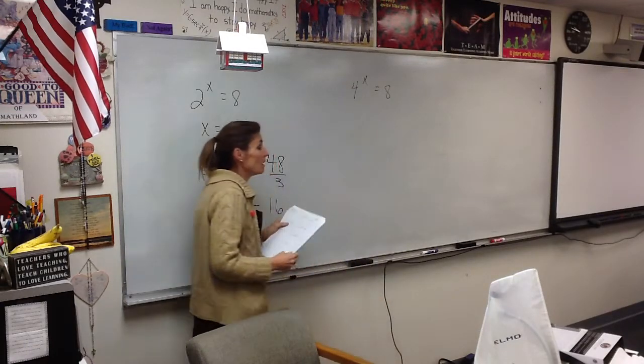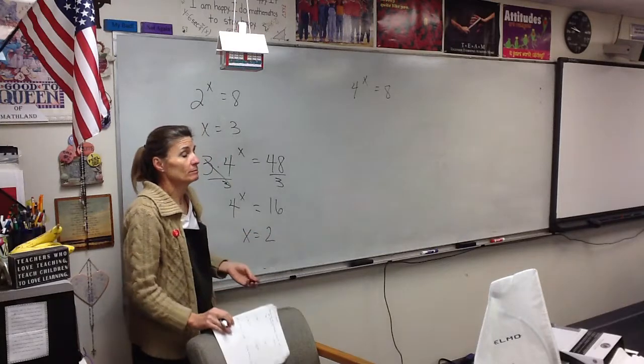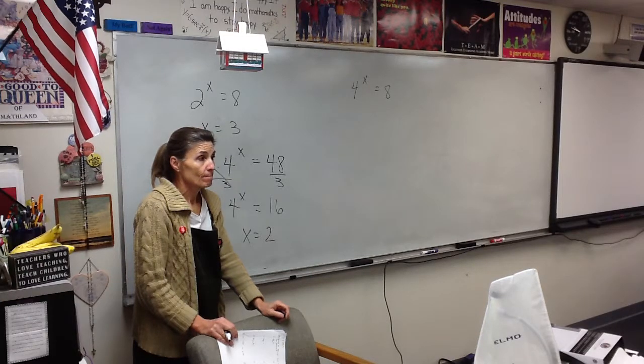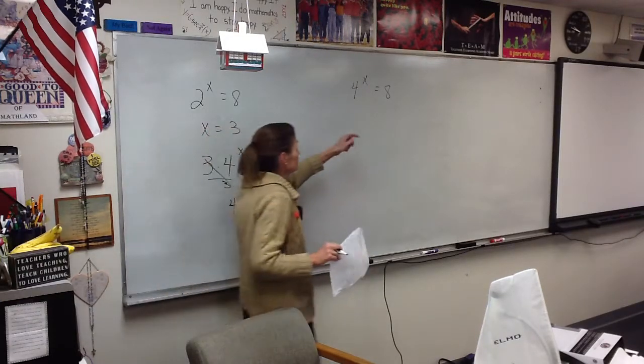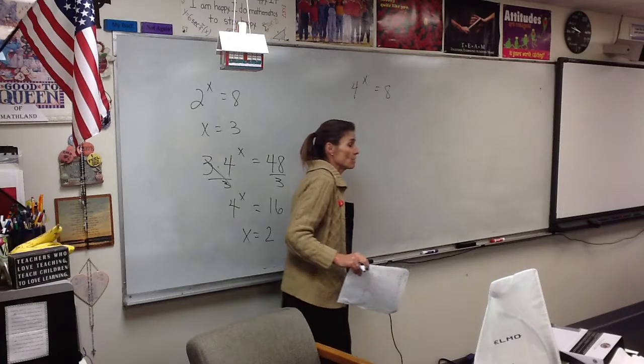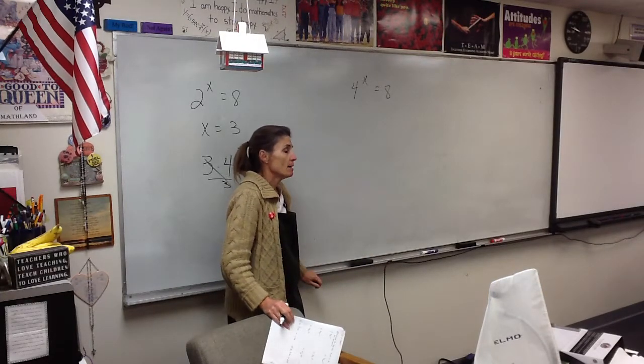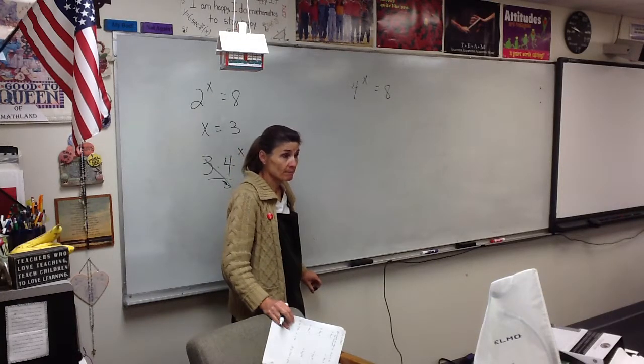Uh-oh, we got a problem here. 8 is not a power of 4, like 4 squared or something like that. It's not. However, 4 and 8 do have something in common.